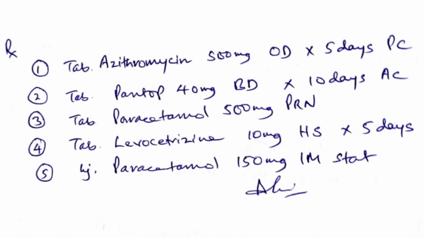So now I have given this example of this prescription to you. So you must have known a bit of how the prescription of a doctor is written, and I hope you have understood what these abbreviations mean. You go through this video again and again and you write down these abbreviations and the meaning of these abbreviations in your diary.